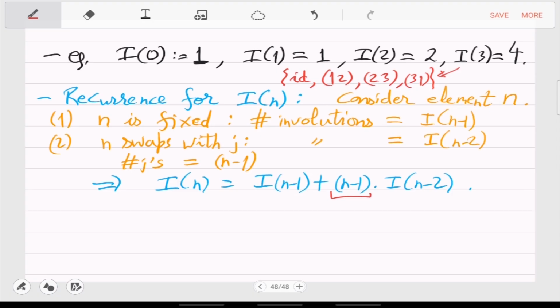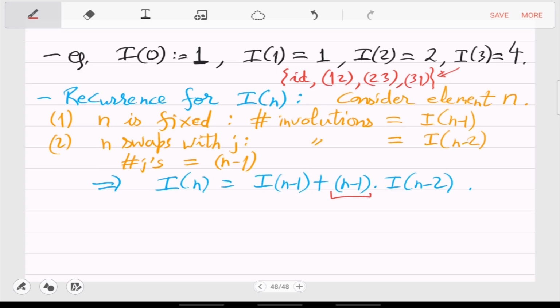This suggests that it will be growing much faster than the Fibonacci series, and it also suggests that it will be growing slower than n factorial. Is that clear? But what exactly is it, we don't know. Just from the recurrence we can't deduce this, and that will be complicated to deduce actually.